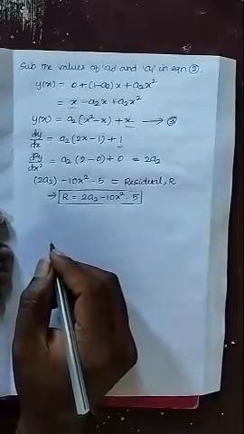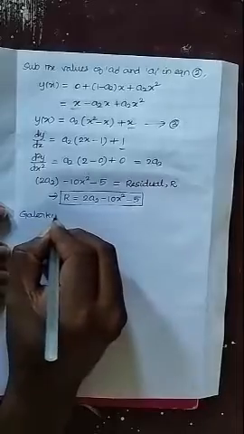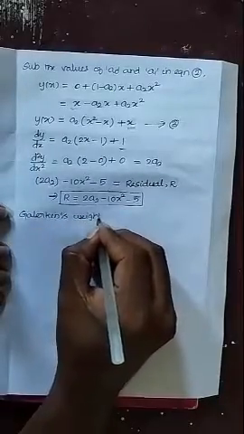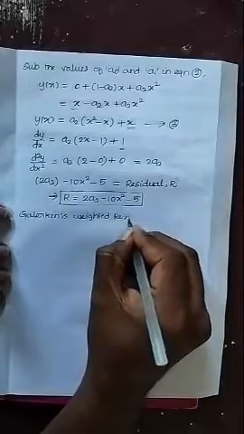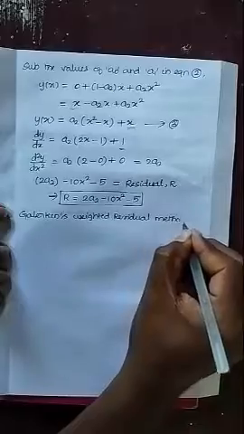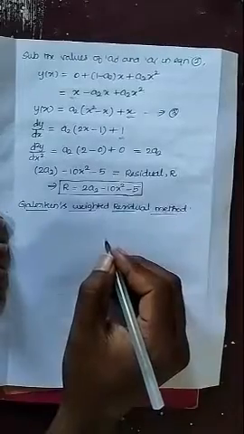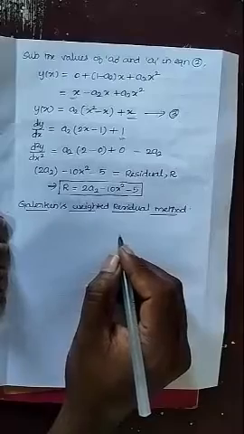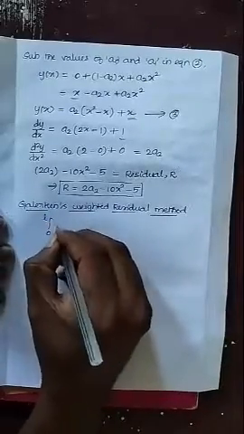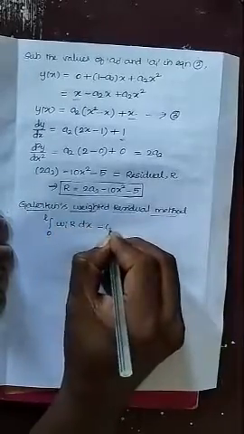Now we can use the Galerkin's weighted residual approach. The general form of the Galerkin's weighted residual approach is integral 0 to L Wi into R dx is equal to 0.